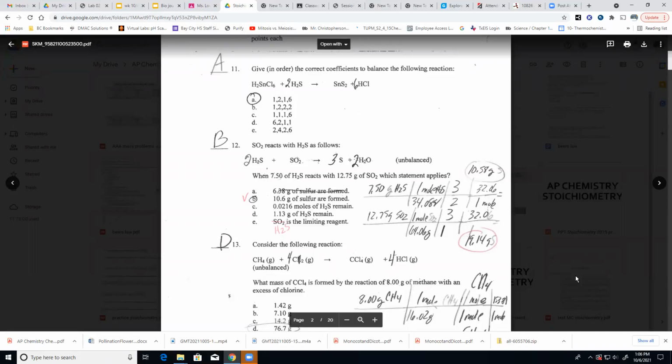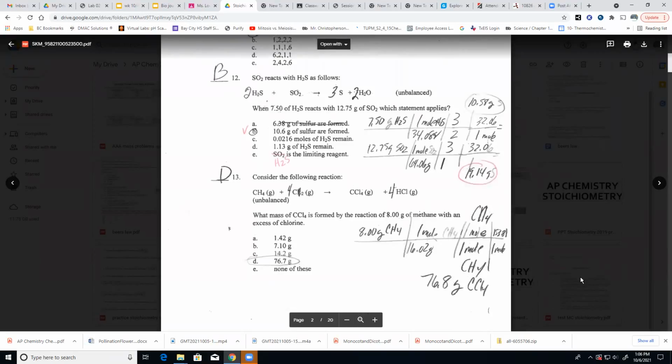So if you did your stoichiometry, then you ended up with your B. You got 10.58, so 10.6. Y'all stop me if you have any questions, okay? I'm just going to move on. Some of these were not too bad along here, just a little bit of basic stoichiometry.